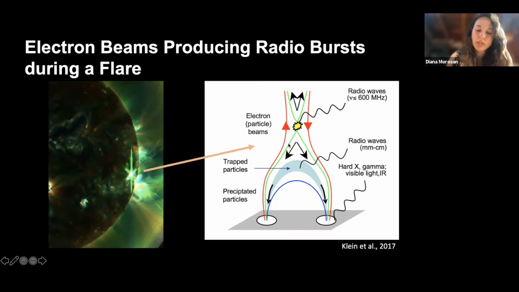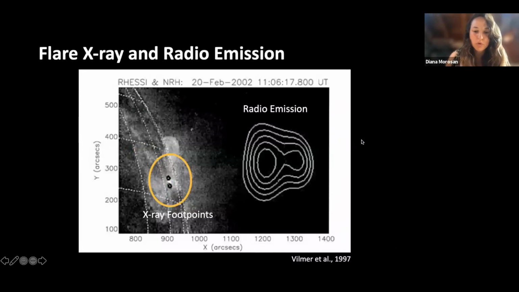And on rare occasions, some electrons traveling downwards from really high up can also produce some variants of type 3 radio bursts. And this is actually what we observe. So even if we don't see the process in other wavelengths, by looking at either radio emission or even X-rays, we can see the accelerated particles.